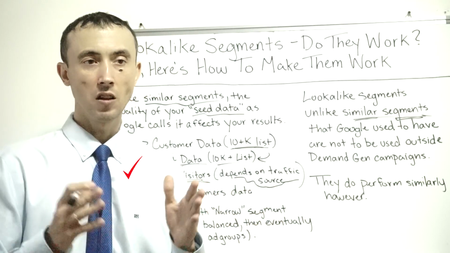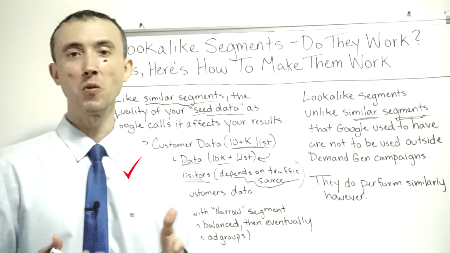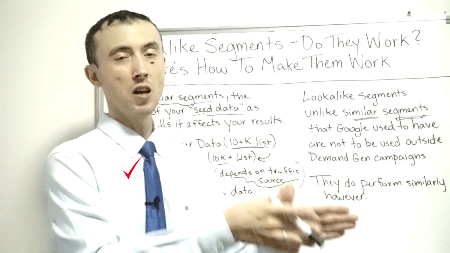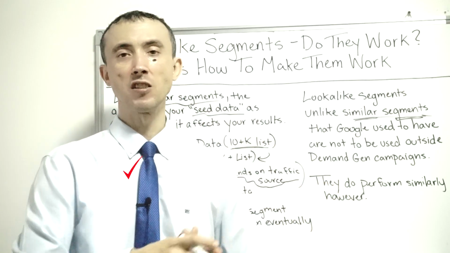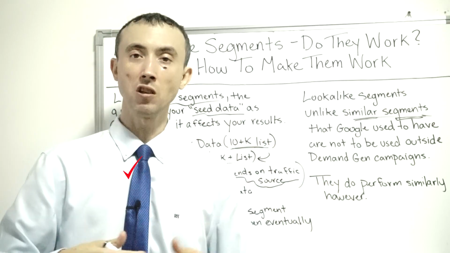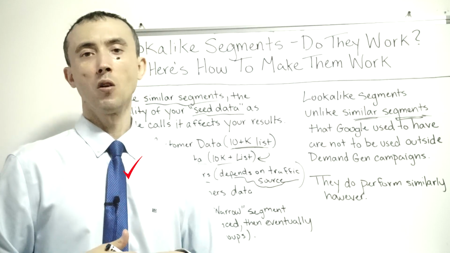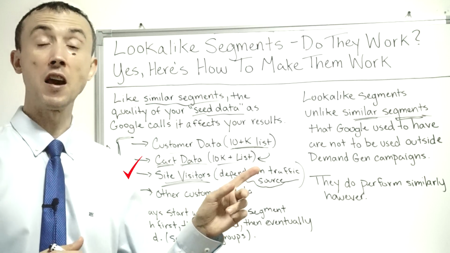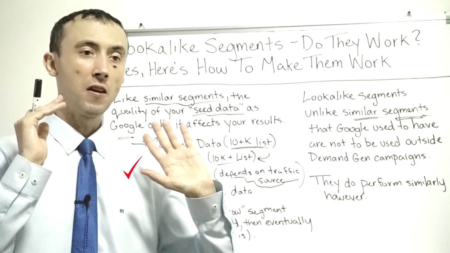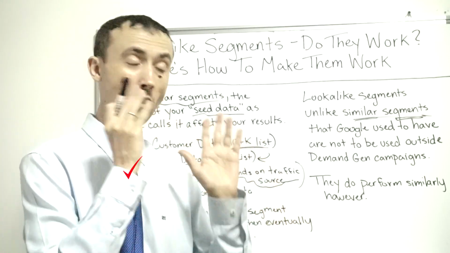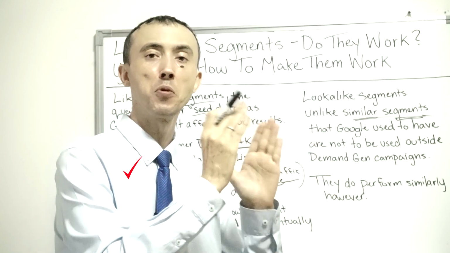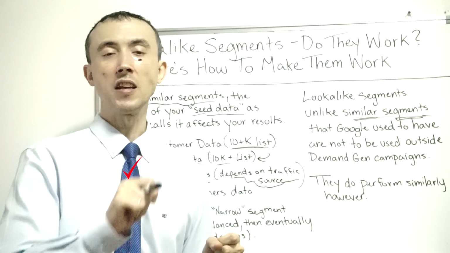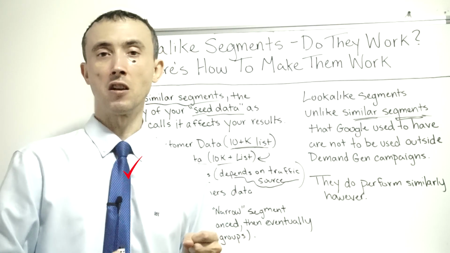Sometimes people will run a display campaign or a YouTube campaign, and they'll get a bunch of bot clicks and everything else to the site, and that screws up Google's machine learning. So if you were to not get results with site visitors, and you had enough traffic, you could say, Google, I don't want you to look at anybody but the people who clicked on my Google ad, excluding everything else. That can be a way to get much better results. So that's something else to entertain as you go.